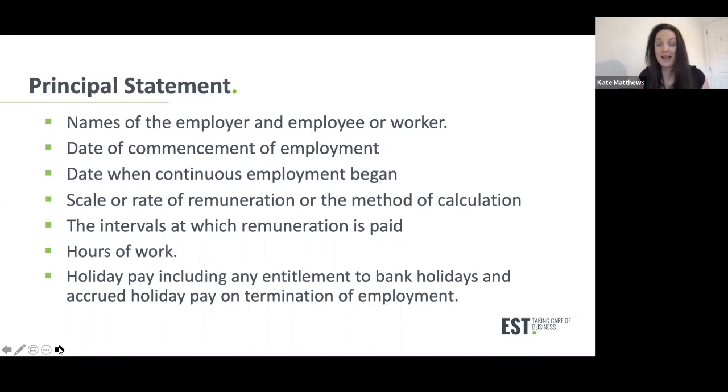You need to do a calculation of their average pay over the preceding 52-week period, and that will tell you how much they actually get paid when they take a holiday, because otherwise they could really find that they are out of pocket every time they take leave. That's something that case law changed the law on a few years ago.